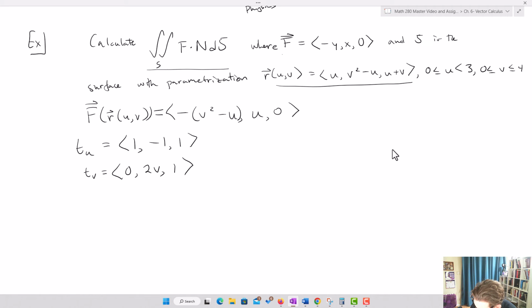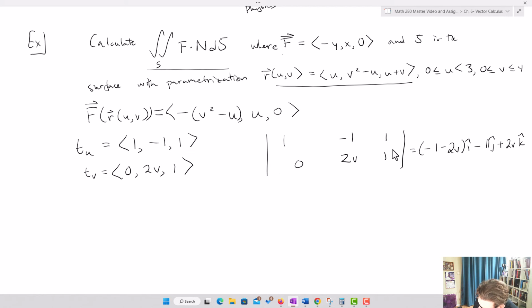We'll take the cross product of the two of those. So the cross product, I've got (1, negative 1, 1) and (0, 2v, 1). That's going to end up being negative 1 minus 2v i minus 1 j plus 2v k. Okay, and there's my cross product.